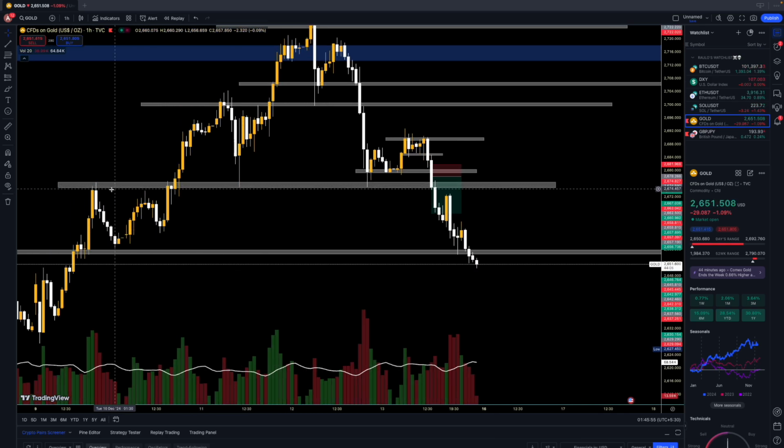as you can see here, this zone over here is a very critical zone. Why? Because as you can see this rejection over here, and from here, this also has an influence, and I just considered it as a retracement.